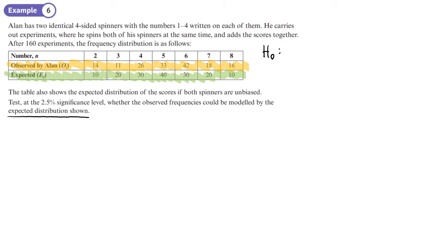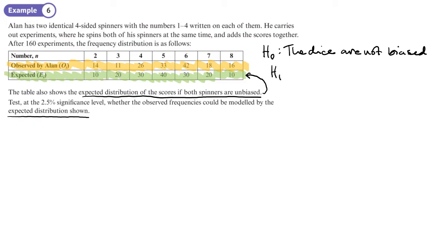H0: the spinners are not biased, which basically means we'll get pretty close to the expected frequencies, because the table shows the expected scores if both spinners are unbiased. H1: the spinners are biased.